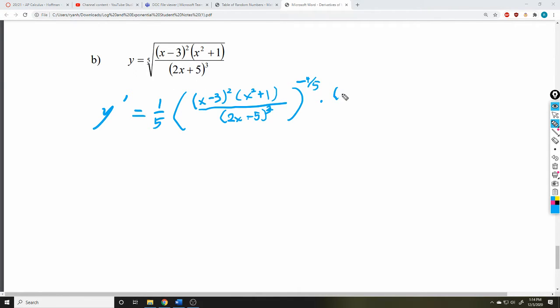So then we would have low, 5 cubed, d high, derivative of the top. Well, that's a product rule. And then when you get to the derivative of the first, it's a chain rule inside of that product rule, inside of a quotient rule, inside of another chain rule. Okay, let's do it a different way.